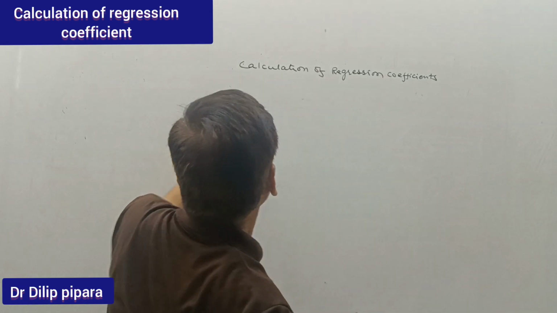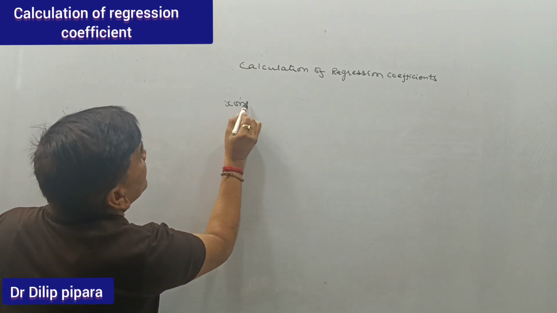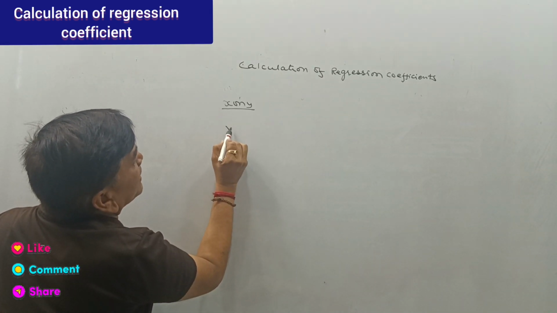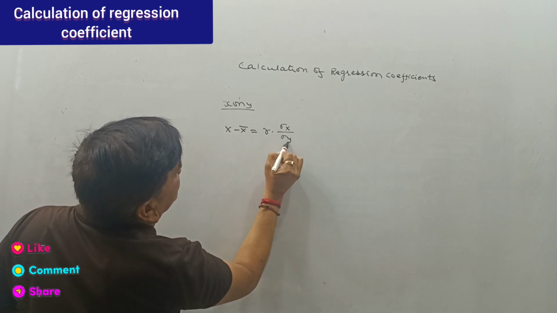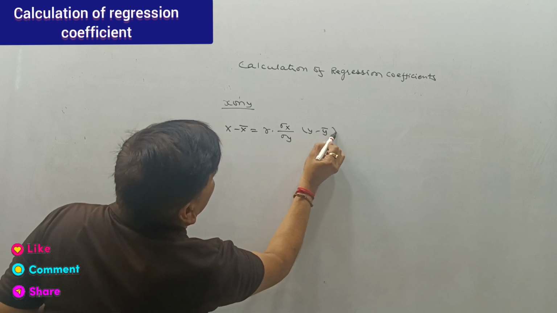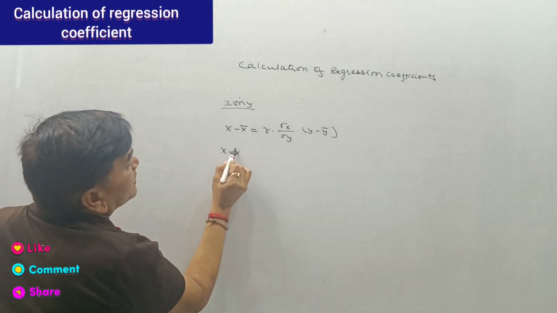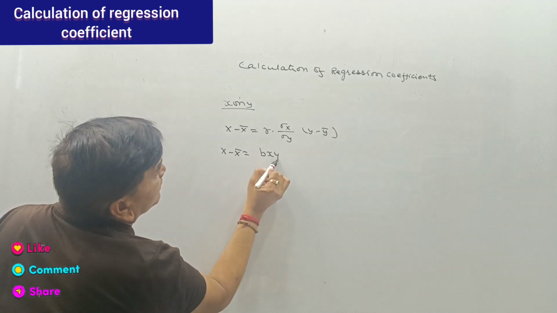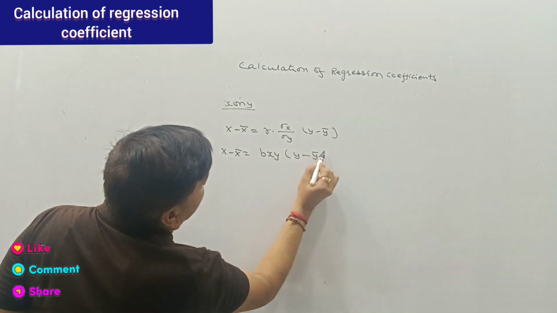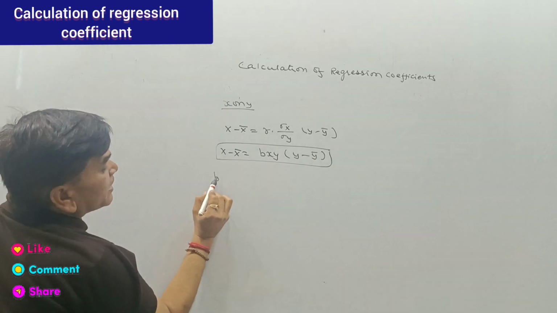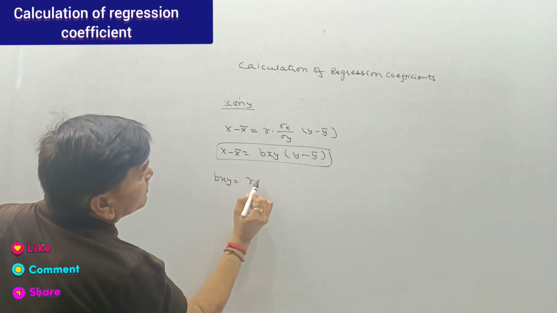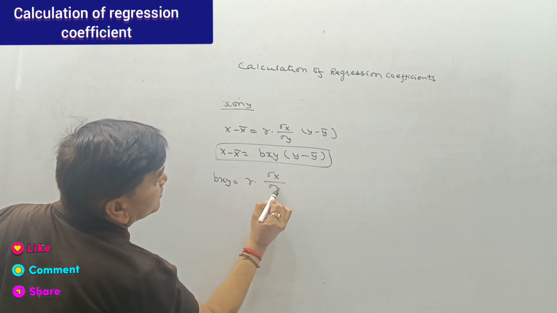As we know, the x on y regression equation is x minus x bar equals r standard deviation x upon standard deviation y times y minus y bar. So x minus x bar equals bxy times y minus y bar, that is the x on y equation. So bxy is equal to r multiplied by standard deviation x upon standard deviation y.